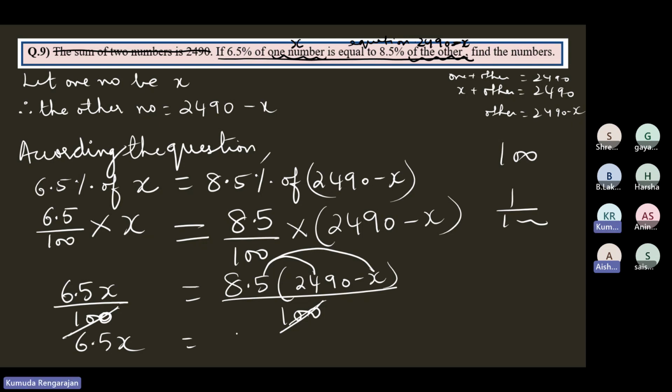What is the product? What is 8.5 into 2490? I got 21165. Yeah, even I got the same thing. Minus, now tell me. Minus 8.5x. Very good. Now transpose. So you'll get 6.5x plus 8.5x is equal to 21165.